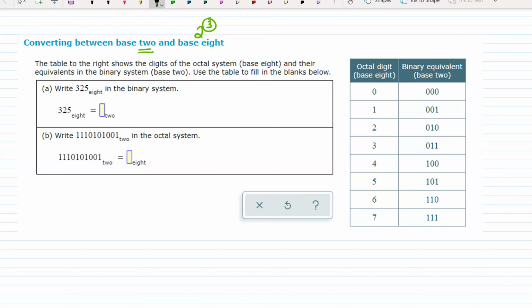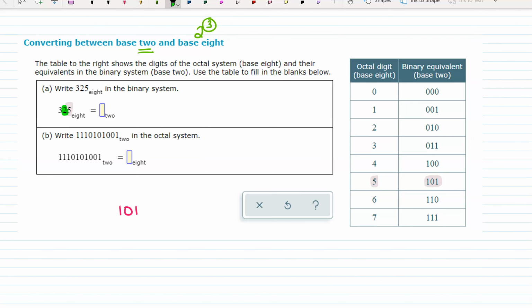So let's start in base 8 and go to base 2. So each digit from a base 8 is going to represent 3 of the base 2 digits. So let's start with a 5. So 5 in base 2 is 101. So I'm going to put 101. And then I'm going to move to the left.